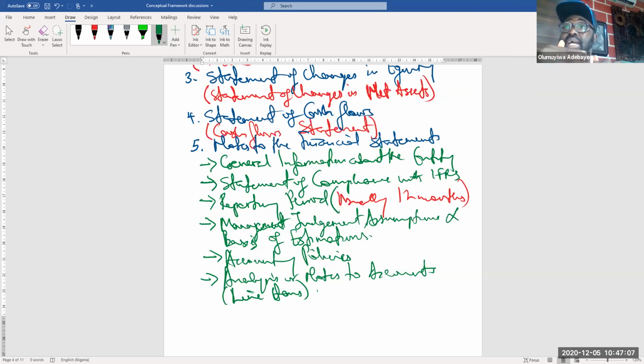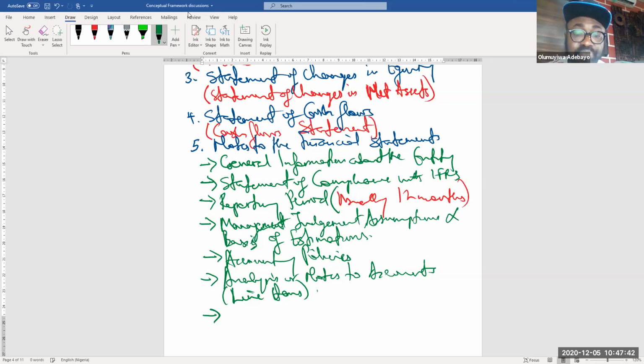You have the breakdown of your cost, like cost of sales. You have the breakdown of your administrative and management expenses. You have the breakdown of other income. You have the breakdown of your assets into various PPE. We have the schedule to break it down into motor vehicle, property, etc. Inventory is broken down into the categories of your inventory. Receivables are broken down into third-party receivable, intercompany receivable, and things like that. All of this breakdown constitutes your analysis or notes on the account.